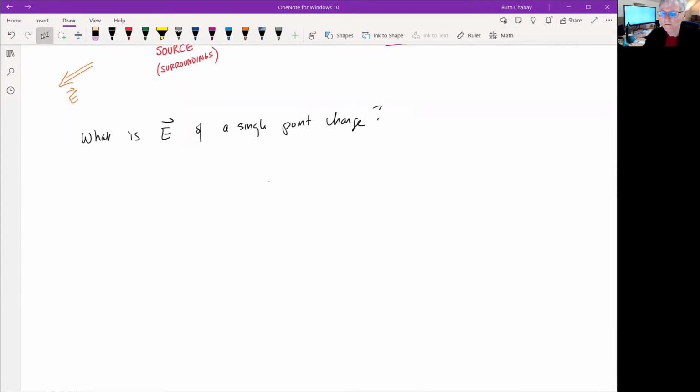So we have some charge Q₁. This is our surroundings. It's the source of the field. And we have some charge Q₂. That's our system.